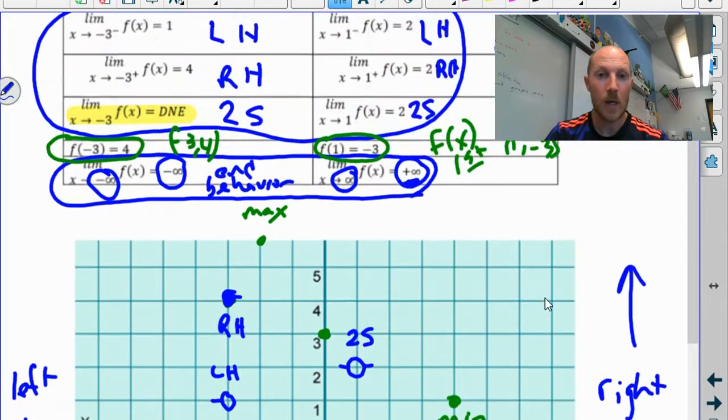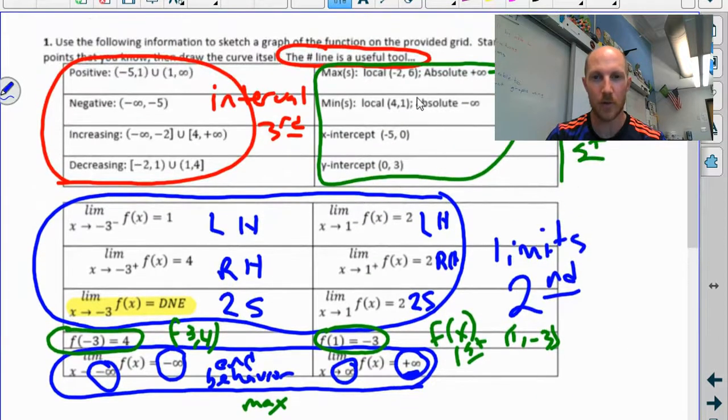Okay, so now I have all of this limit stuff on the graph. The function values are on the graph, and everything to the upper right, all those coordinates are labeled on the graph. The only things that are not really drawn on the graph are the absolute maximum, which will be positive infinity, and the absolute minimum, which will be down at negative infinity, because I don't know where those are. They're infinite.